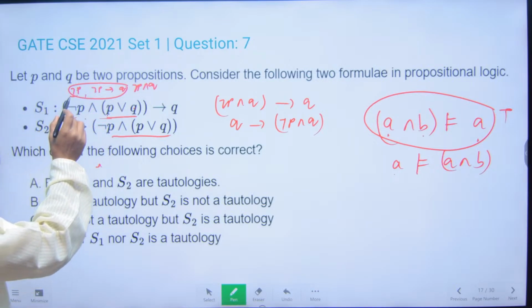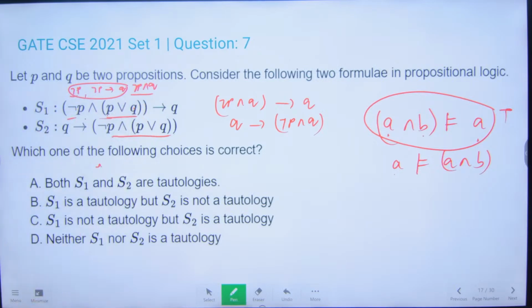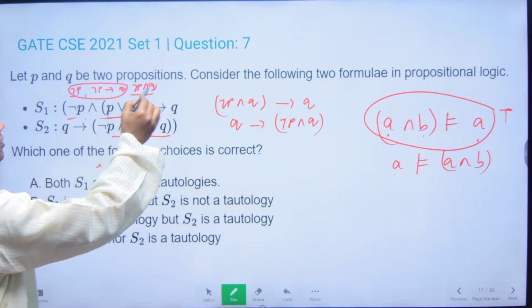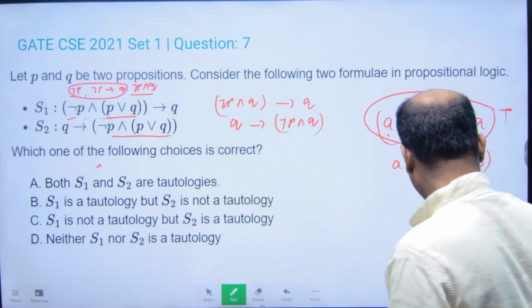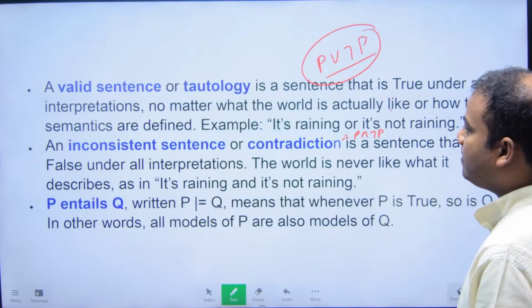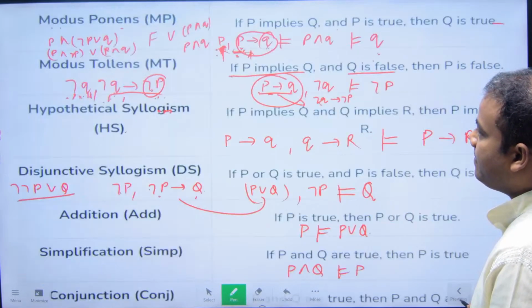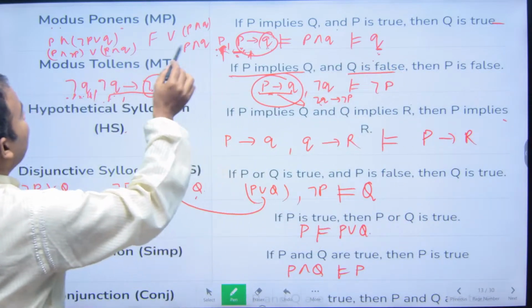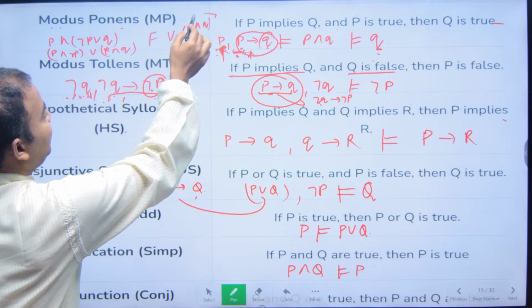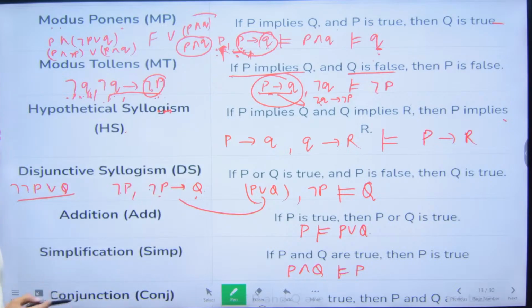Using modus ponens, this one is the conclusion. Actually in modus ponens only Q is the conclusion, but you remember, modus ponens में conclusion सिर्फ Q था, but actually mathematically this is P and Q. P is also true and Q is also true.